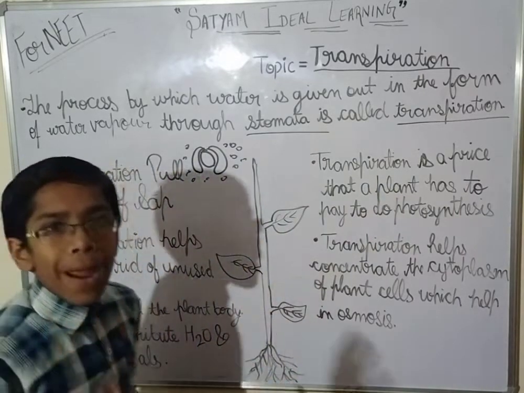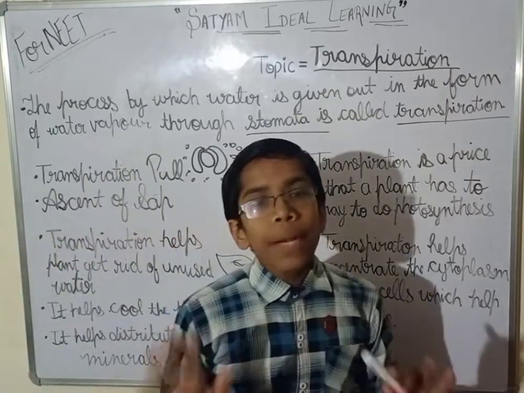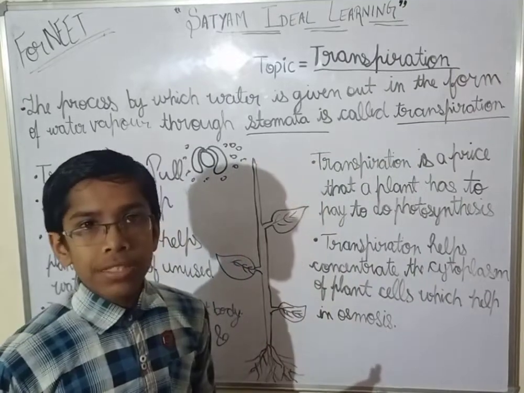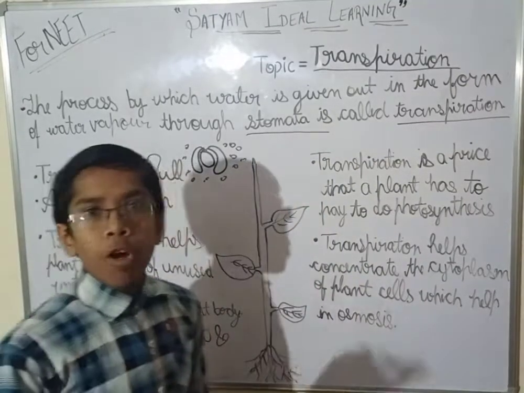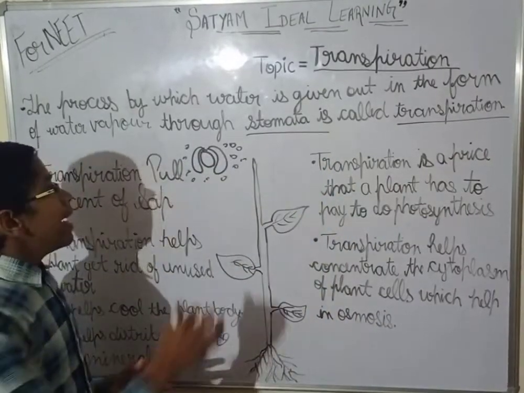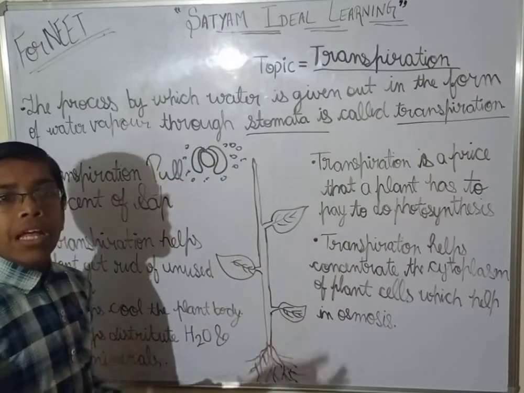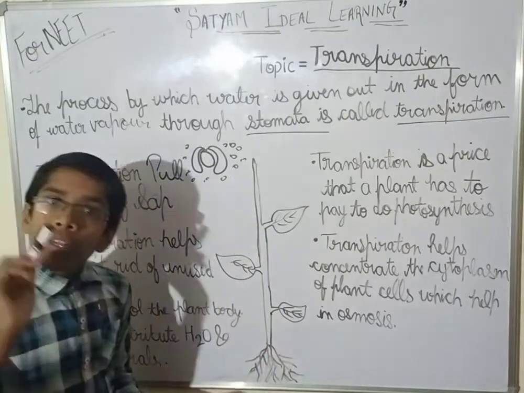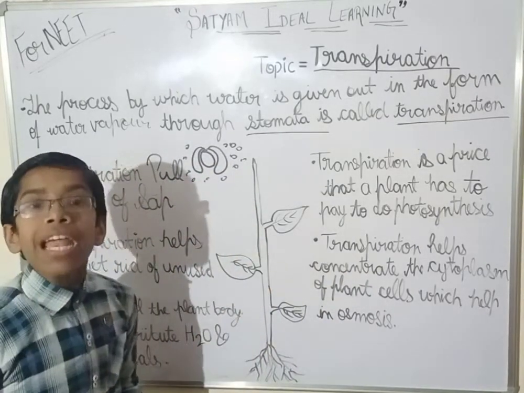You all know that a plant needs to do photosynthesis. In photosynthesis it needs carbon dioxide and gives out oxygen. So for taking carbon dioxide it has to open the stomatal pore, and when the stomatal pore opens, the water vapor will be given out into the atmosphere.